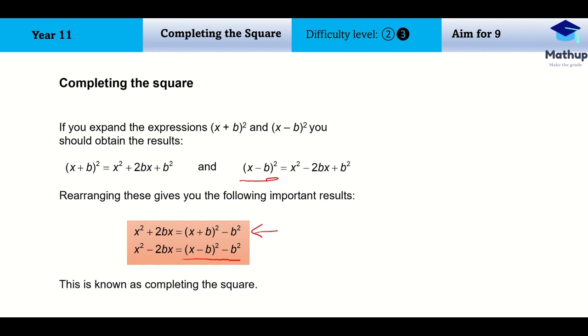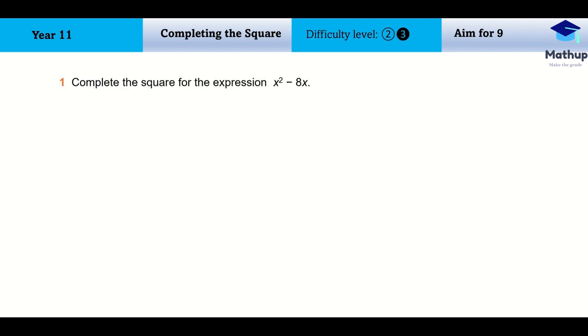So let's look at a question. Complete the square for the expression x squared minus 8x. What we do is we always look at the term in front of x here, so we get an 8. So we will write this as x minus 4 squared.